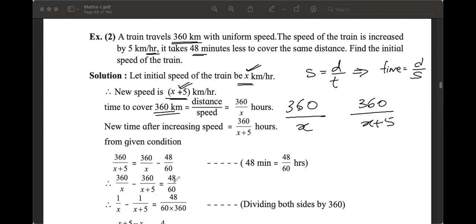So when we have increased the speed, we take less time. This means if we subtract 48 minutes from it, let me write it clearly.